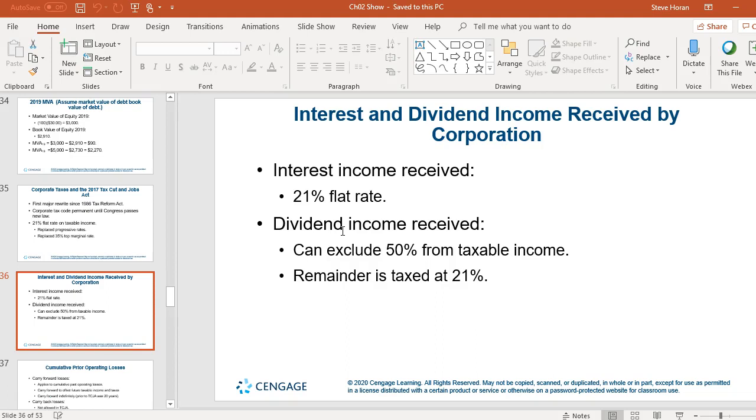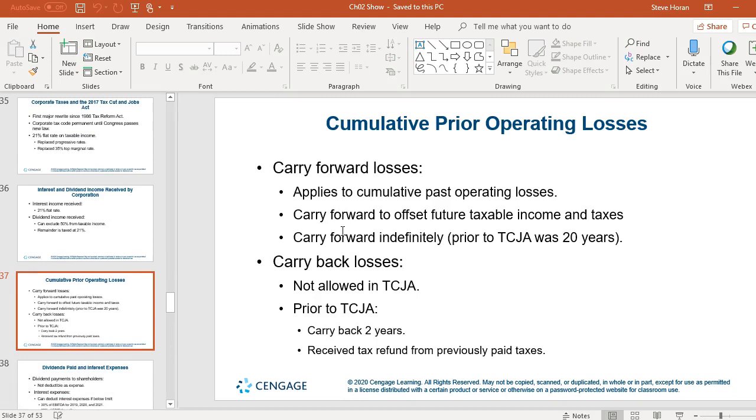So what the government is saying to corporations, because we double tax you, we'll let you exclude from taxable revenues 50% of dividends that you receive from other companies, which were obviously double taxed. So it does give an incentive for corporations to buy stock of other companies because you get a little bit of a tax break for having those dividends. Okay, so that's kind of why that happens.